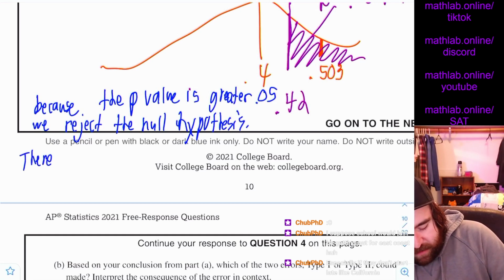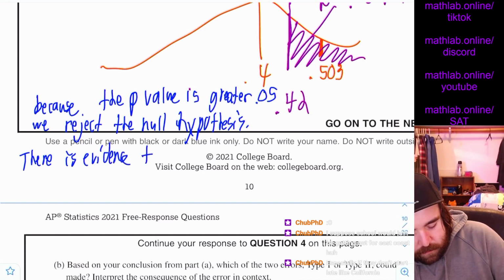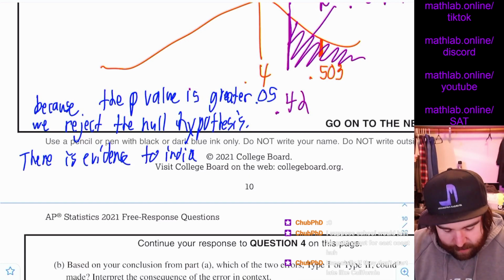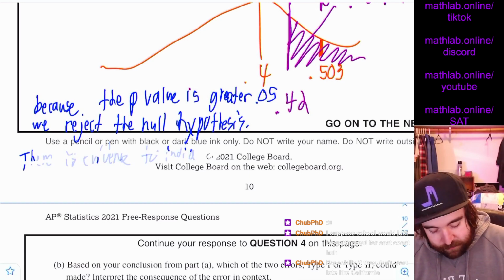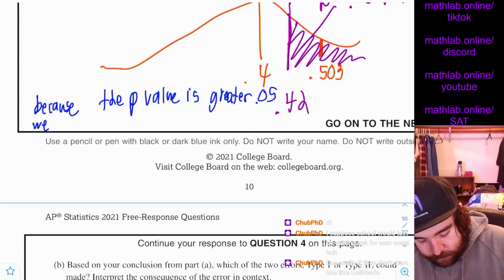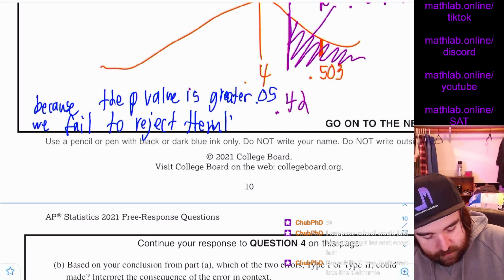There is evidence to indicate there is not evidence. Wait. No, since the p-value is greater than 0.05, we fail to reject the null hypothesis. What am I talking about? We fail to reject the null hypothesis. No. Because that's very likely.